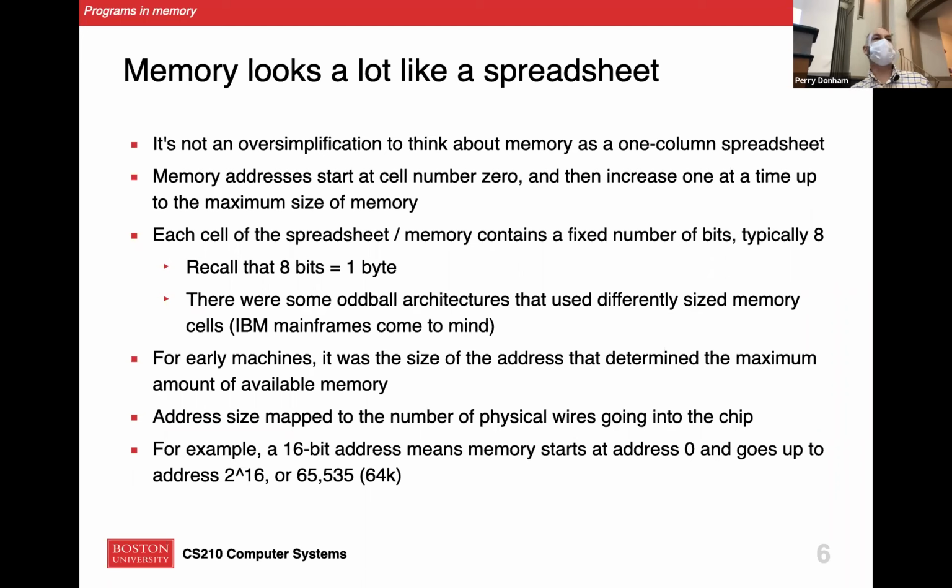So I've got about 4 gig of memory allocated to each process that's running. If I had a 16-bit address space, 2 to the 16th is 65,536. We call that 64K.